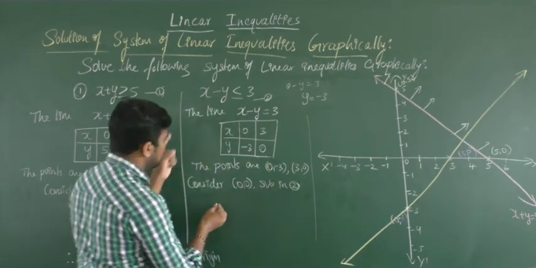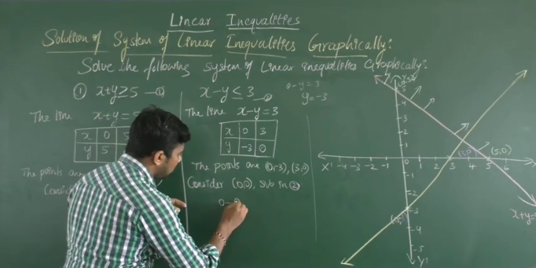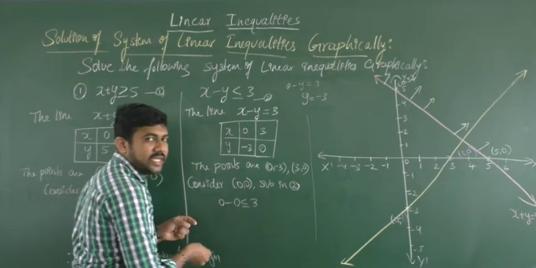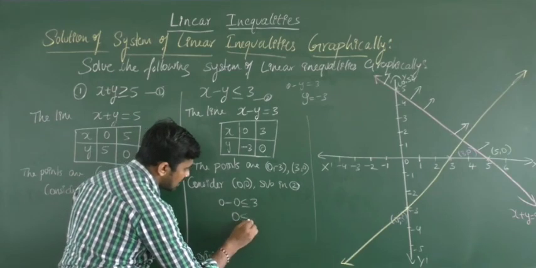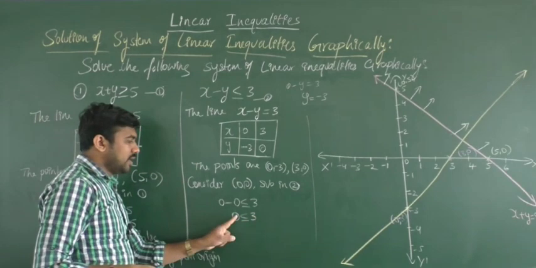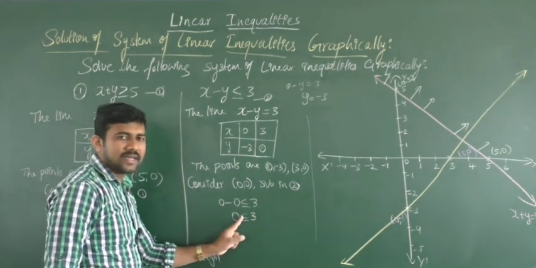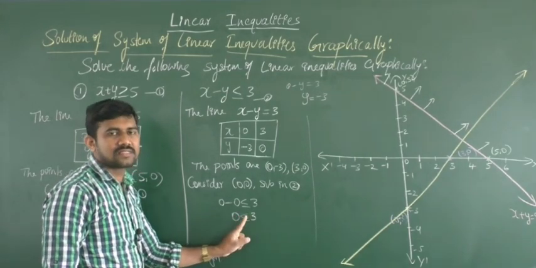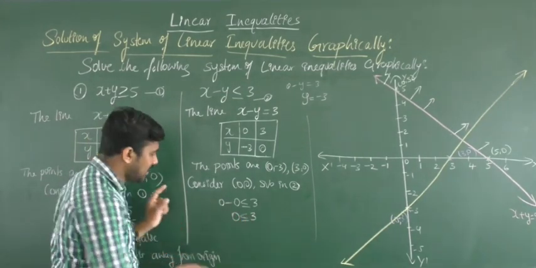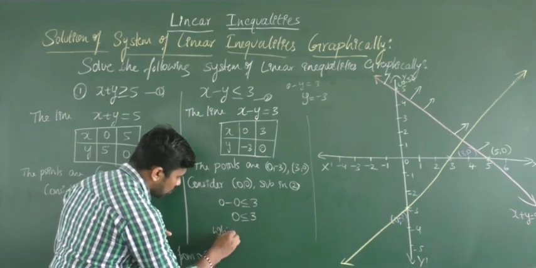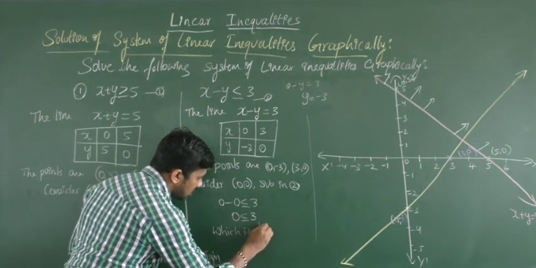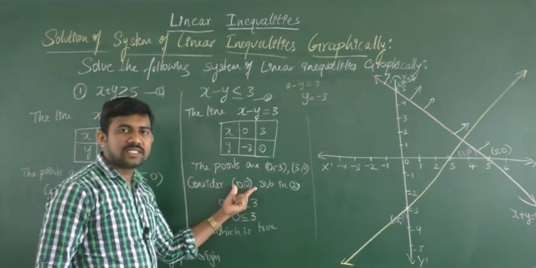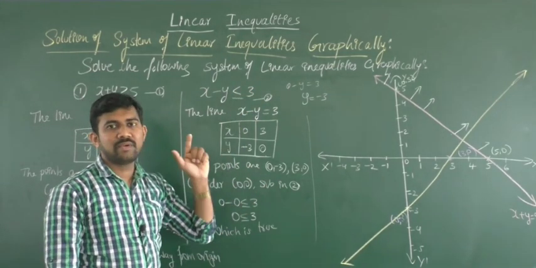What will we get? 0 minus 0 less than or equal to 3, or 0 is less than or equal to 3. Whether 0 is less than 3? Yes, 0 is clearly less than 3. So which is true? Means the origin satisfies the given inequation.